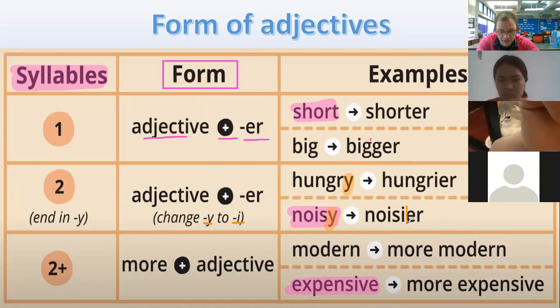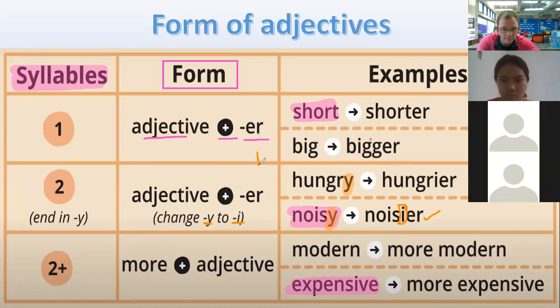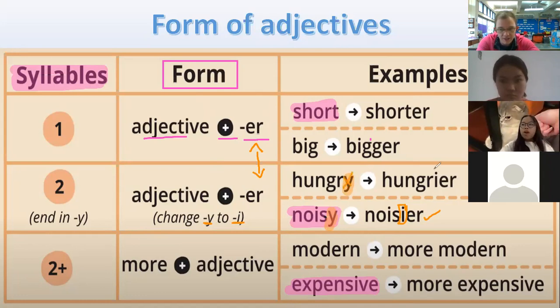You see the I here, and we add ER like we do at the top one. If we have hungry, we take the Y away, and you see they have an I plus ER, so it becomes hungrier, noisier, busier, uglier. So very important rules.